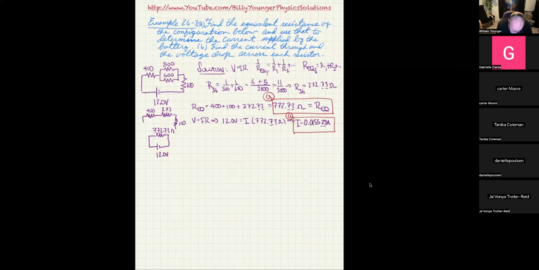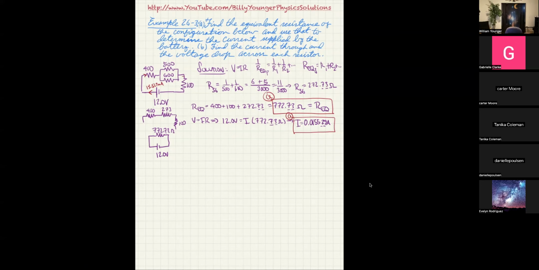Now they want us to find the current through each one. What we've immediately noticed is that, the way the original circuit was, if 15.529 milliamps comes out of the 12-volt battery, then that 15.529 milliamps is going to go through the 400.